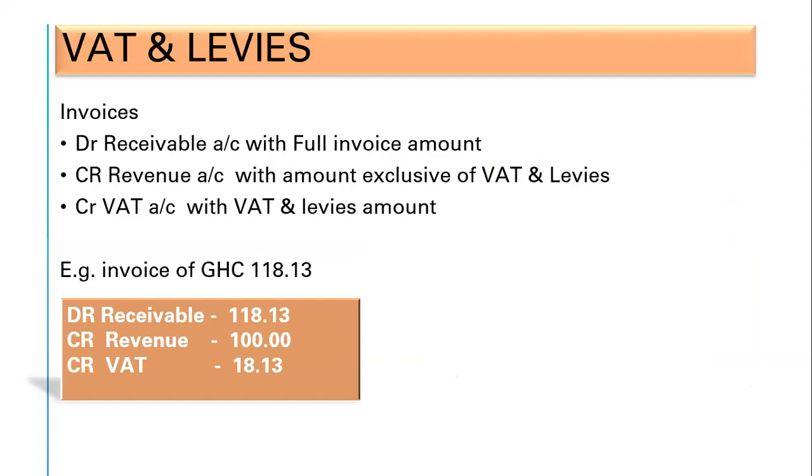The last bit of the accounting entries has to do with the VAT and then the levies. In line with our current VAT laws, anytime you render a service or sell goods, which are taxable supplies, you will charge VAT on it. The same thing also applies when you receive bills for taxable supplies which have been rendered to you.